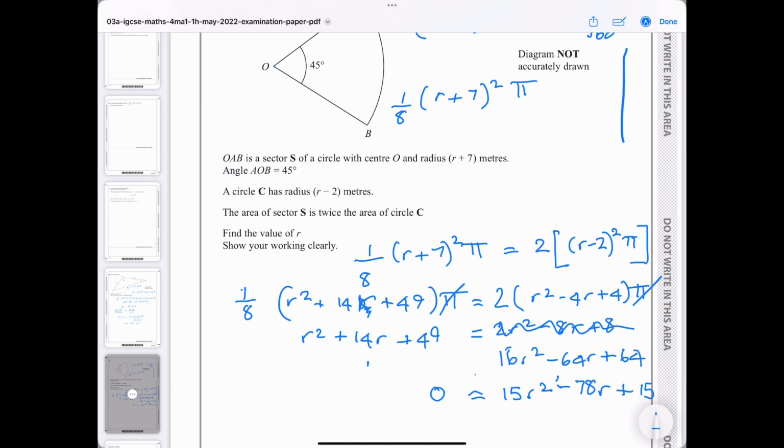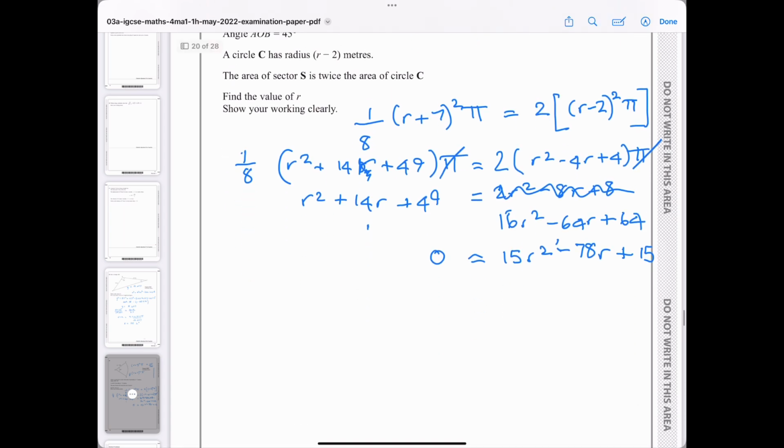I'll check that I haven't made any mistakes by using the polynomial solver on my calculator: 15, minus 78, plus 15.